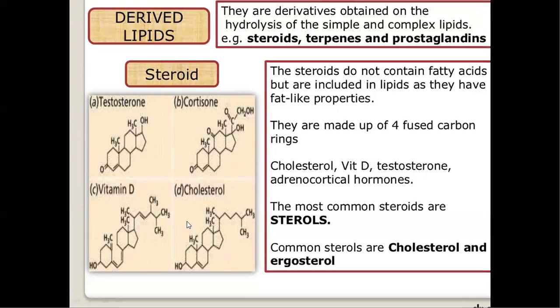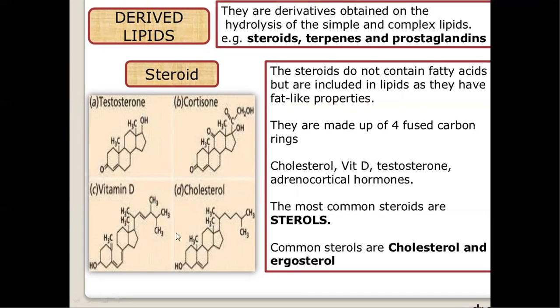These steroids do not contain any long chain fatty acid chain, but they have the properties of fats like water insolubility and hydrophobic nature, etc. Due to these fat-like properties, steroids are classified under derived lipids.